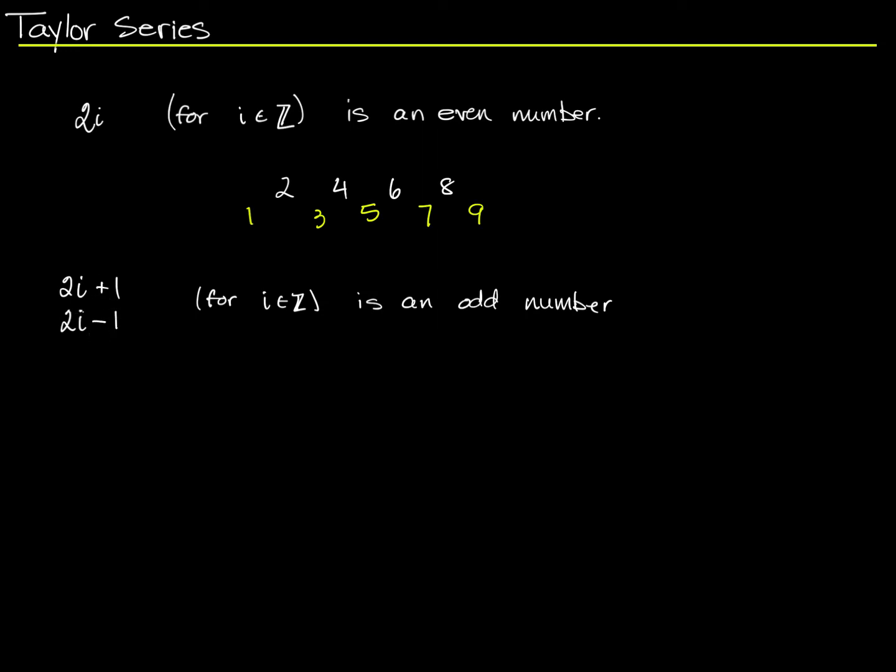If i is an integer, 2i is an even integer, and then either 2i plus 1 or 2i minus 1 is an odd integer.